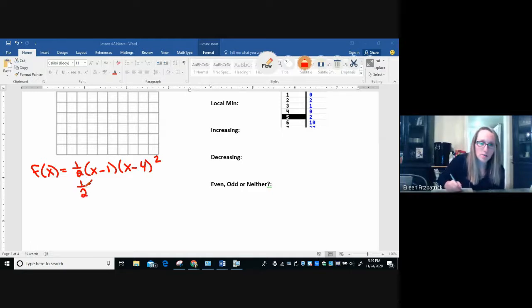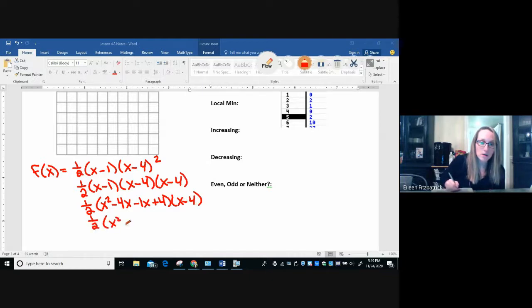So I'm going to first, remember that x minus 4 squared means x minus 4 times x minus 4. And then I'm going to FOIL the first two. So I have x squared minus 4x minus 1x plus 4 times x minus 4. Clean that up. So I have x squared minus 5x plus 4 times x minus 4.